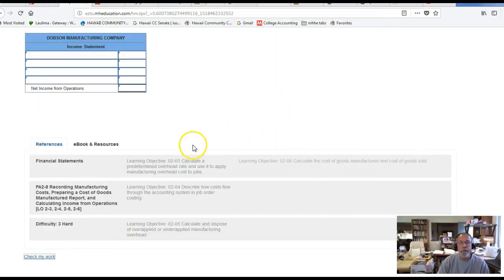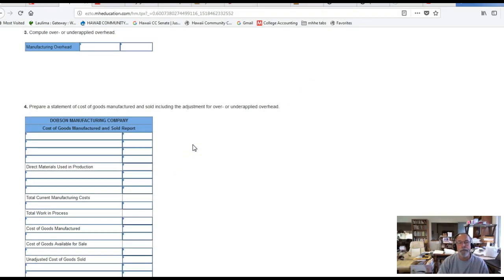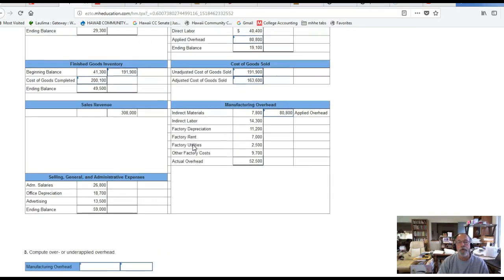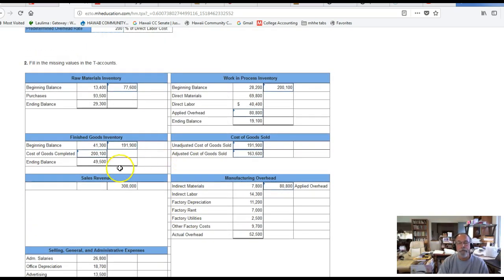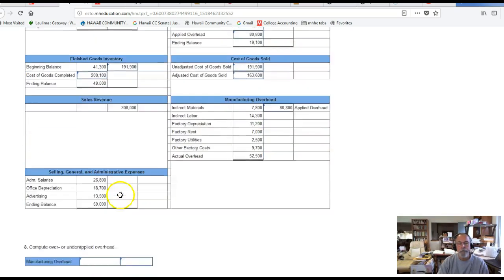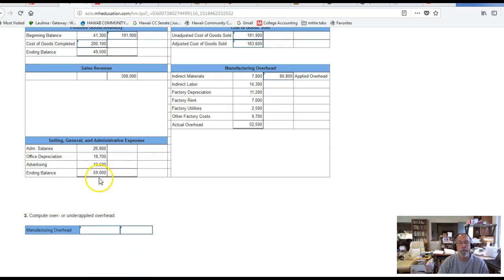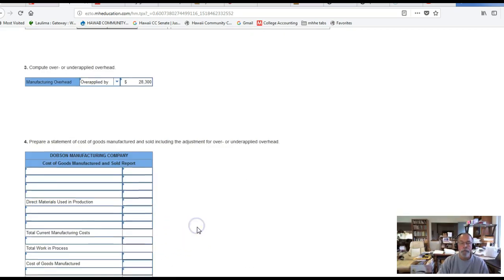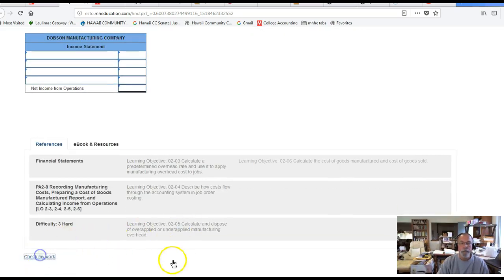Okay, and finally, well, not finally, but for this part of the problem, we can see that our sales is here, our selling and general and administrative expenses are here. Oh, here, over or under applied overhead, and we already did that. That was 28.3. The number goes here, and we need to show that as over applied. And so let's check that as well.